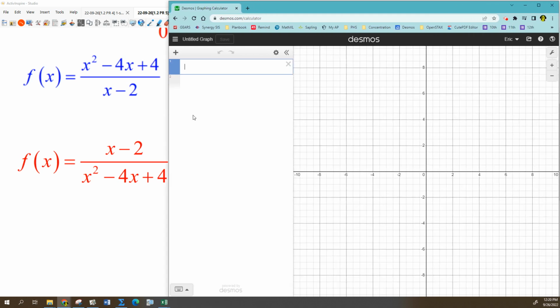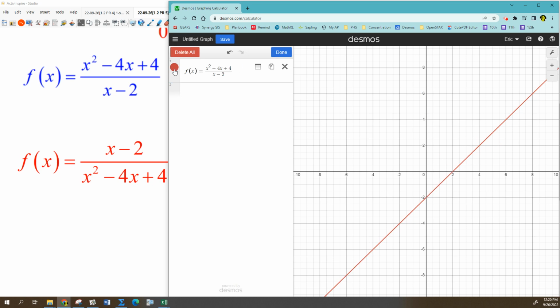So f of x equals x squared minus 4x plus 4 all divided by x minus 2. Okay, I'm going to make this blue so it matches the blue function.